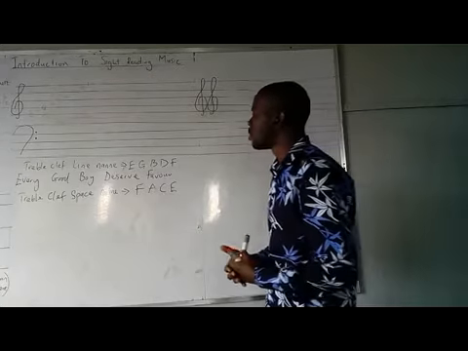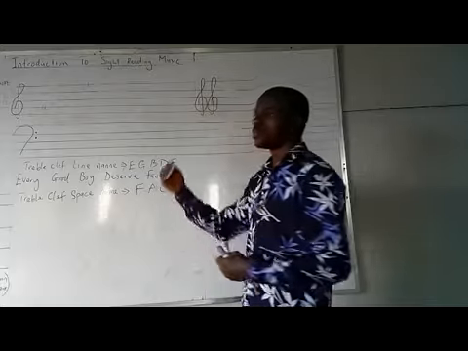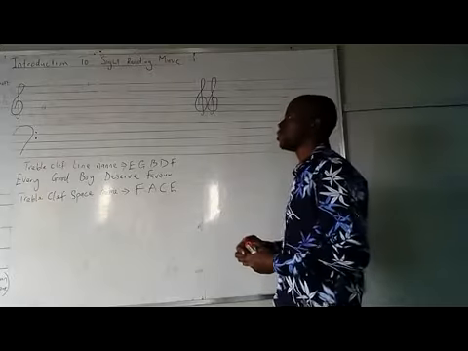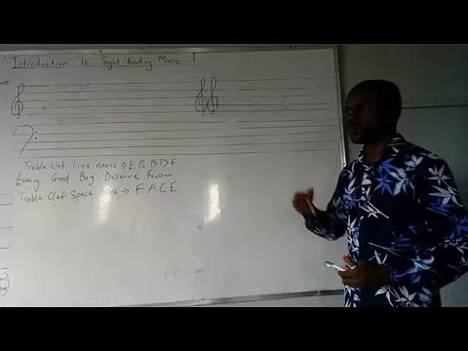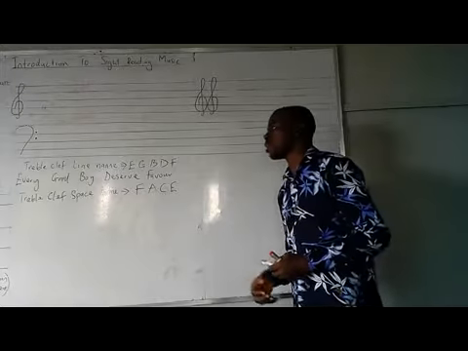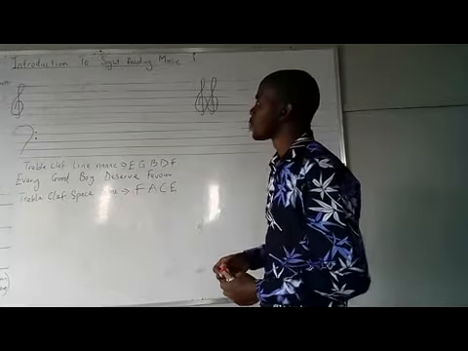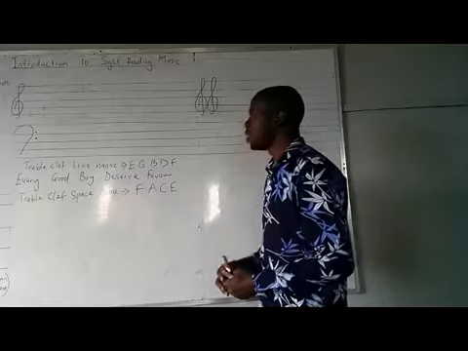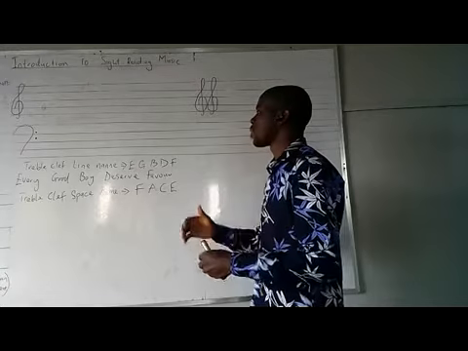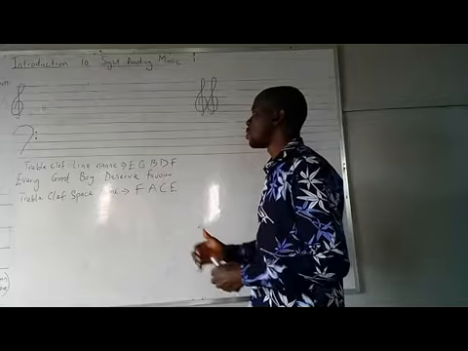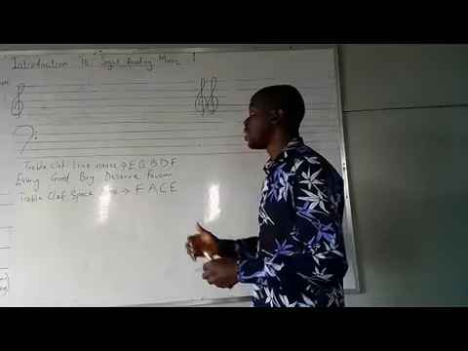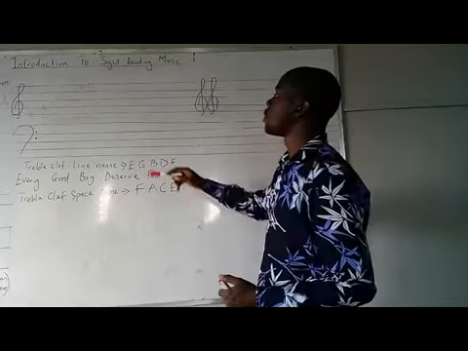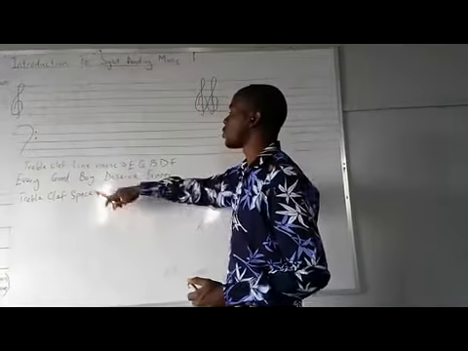If you didn't get what I've said, try to replay the video so that you can get my point clearly and get it better. So that is the names of the lines and the names of the spaces of the treble clef.